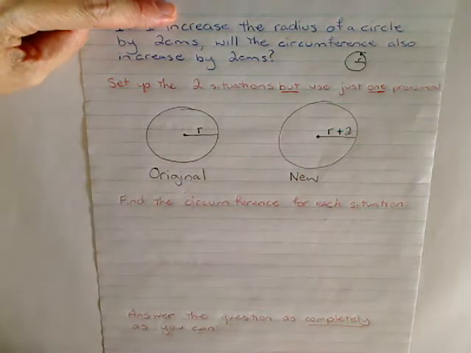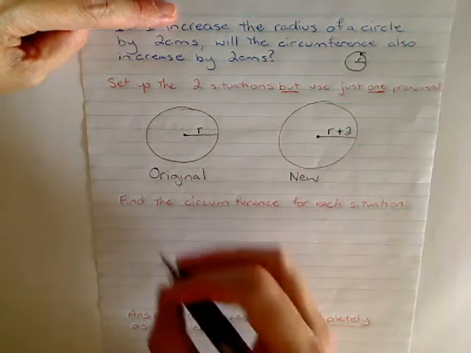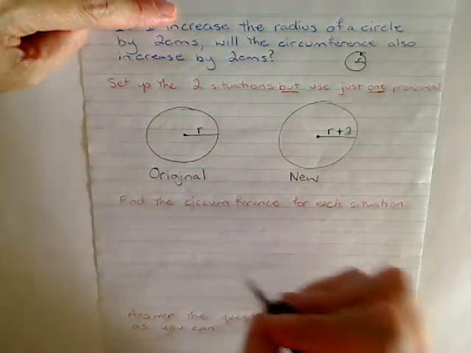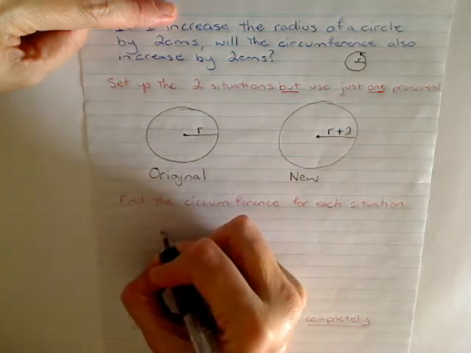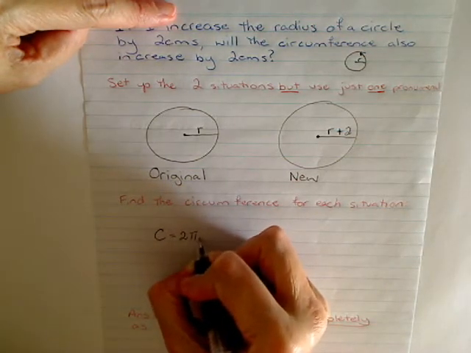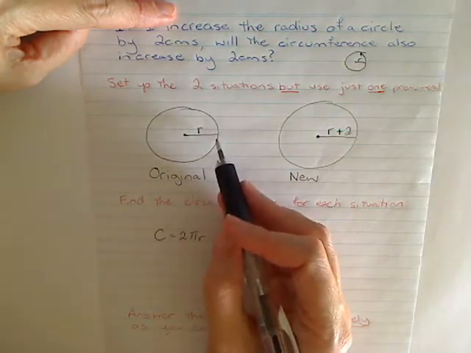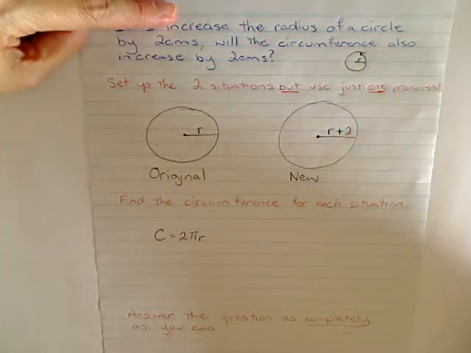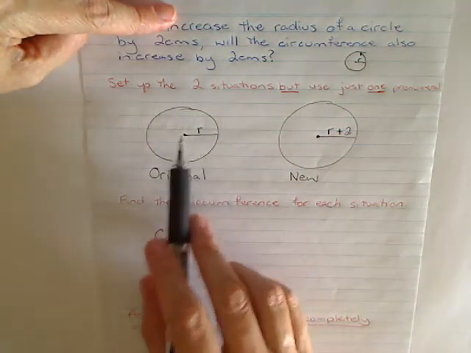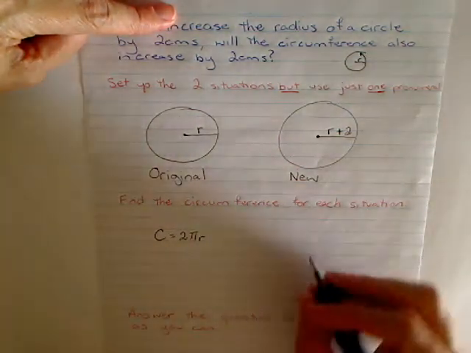Alright, let's find the circumference for each situation. I need to use a particular formula. The formula for the circumference of the circle, there's a couple. I'm going to use 2 pi r because I'm working with radius. Other people may use pi d. That's not incorrect, it just means you've got to convert your radius to a diameter, so I'm not going to do that.